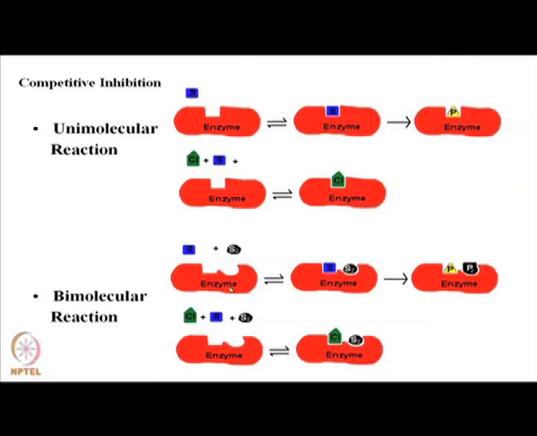So, it is a unimolecular case, one pocket, one substance. Now, if it is a case of two pockets and two substances, then you see this is your substrate and this is another substrate. Okay. So, you see that substrate 1 and substrate 2 produce the enzyme substrate complex, then give rise to products.